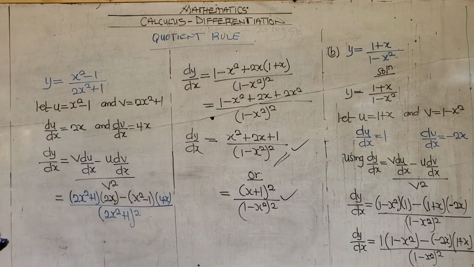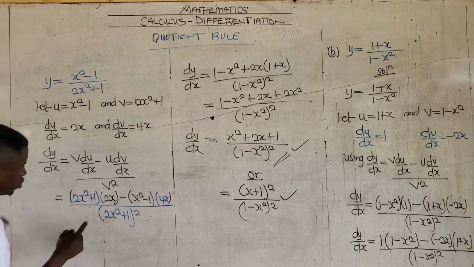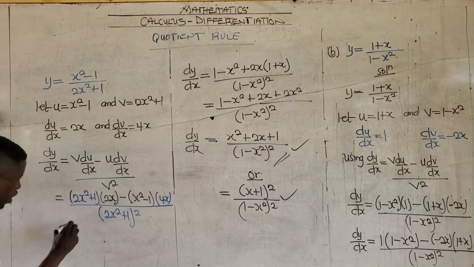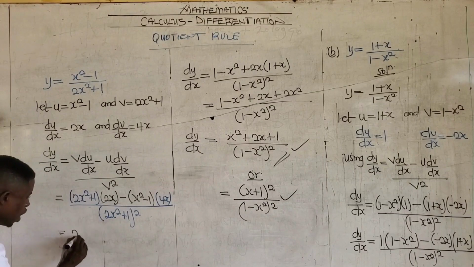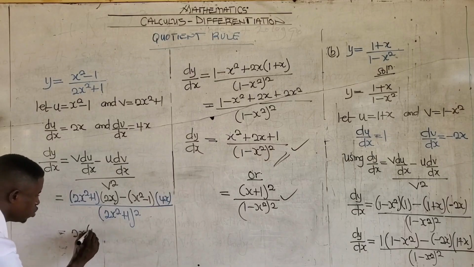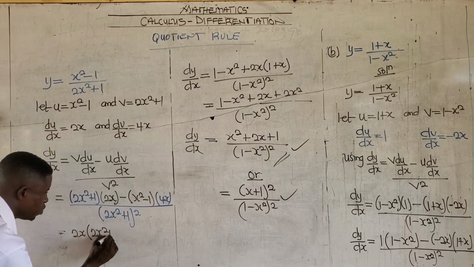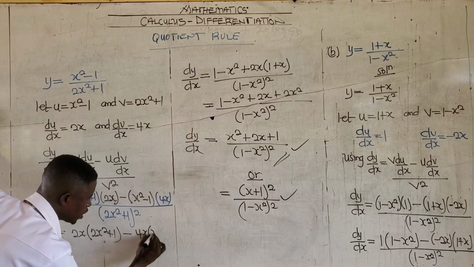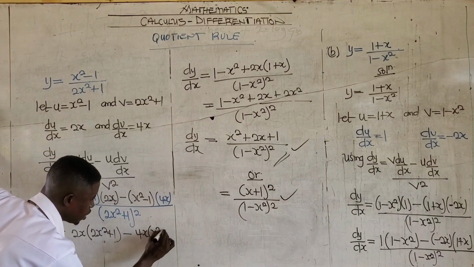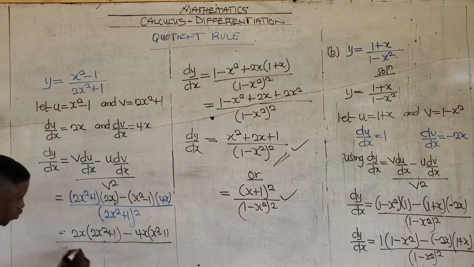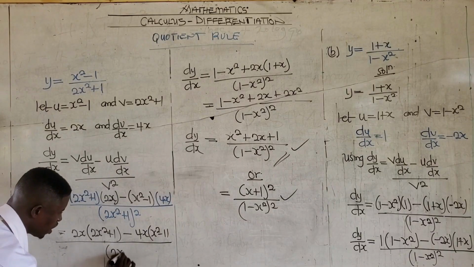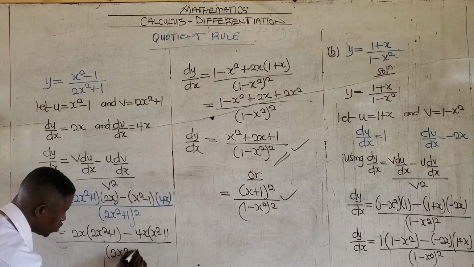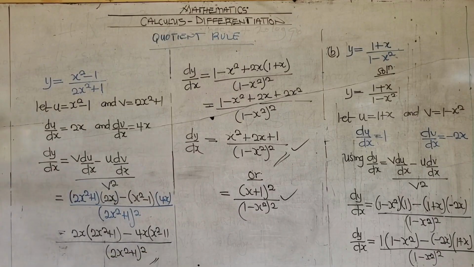Now the next thing I'm going to do is to rearrange the numerators. So I'm now going to have this 2x multiplying everything here. So I will have 2x multiplying 2x squared plus 1, minus 4x multiplying x squared minus 1, all over 2x squared plus 1, all squared.